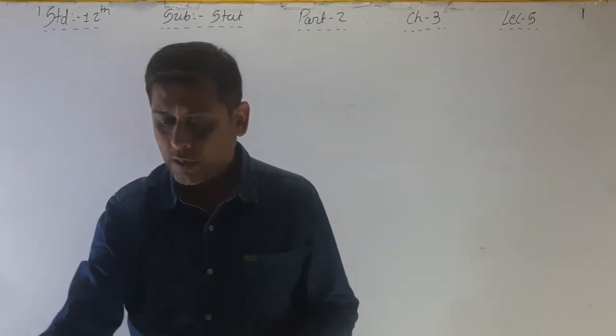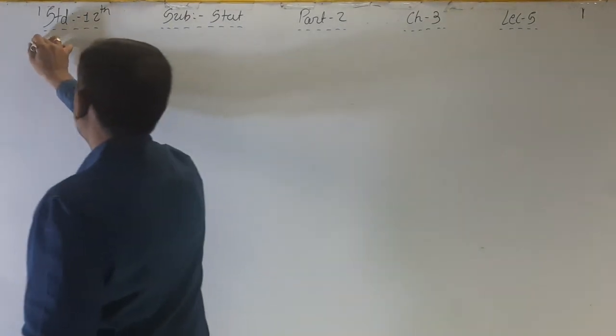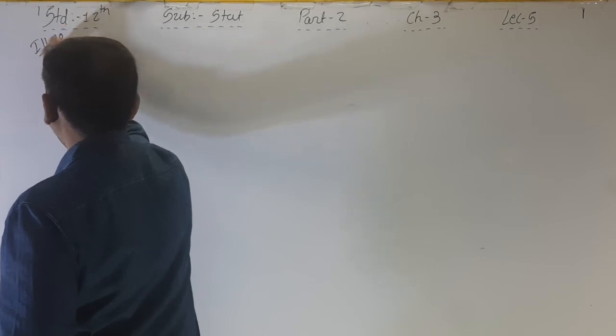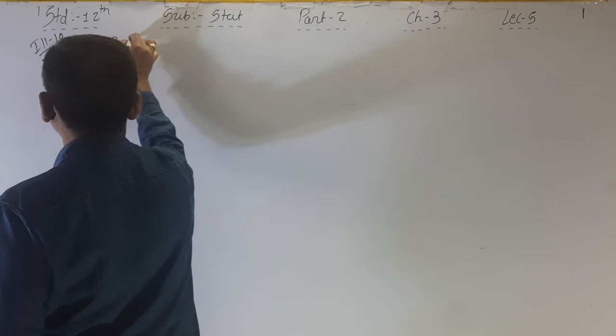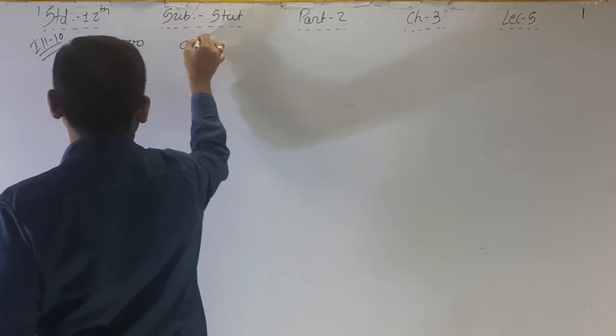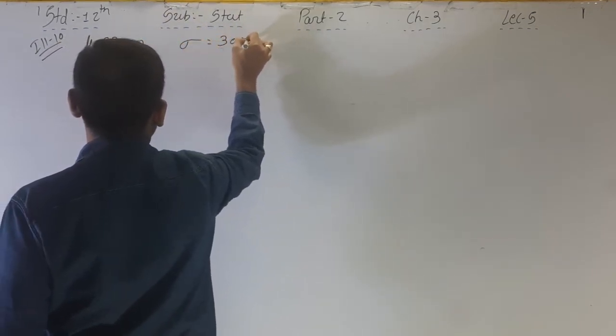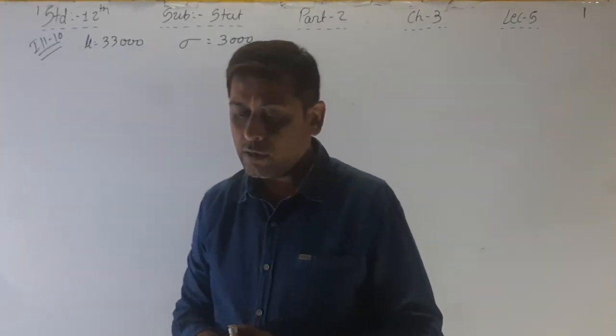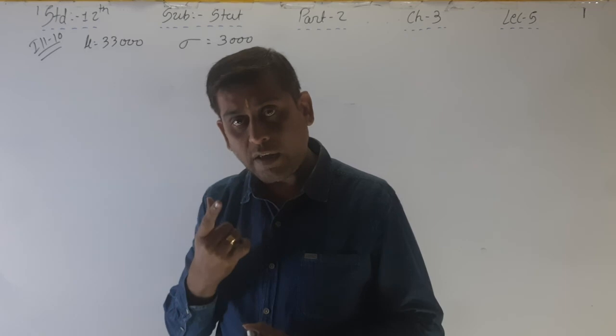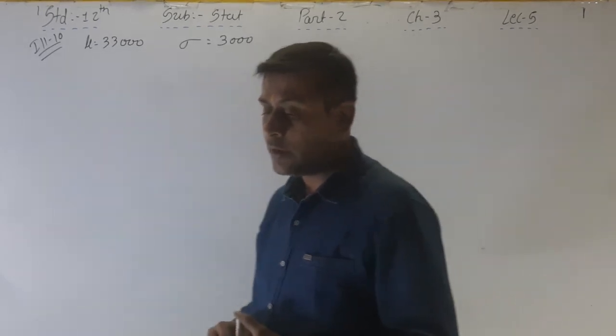See illustration number 10 first. Mu is equal to 33,000 and sigma, the standard deviation, is equal to 3,000 liters respectively.